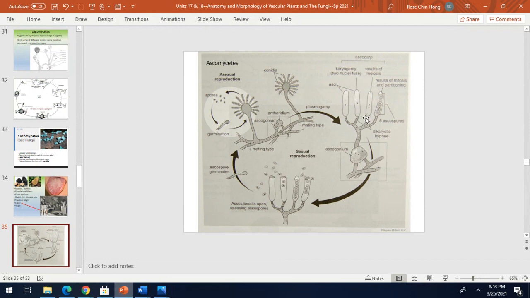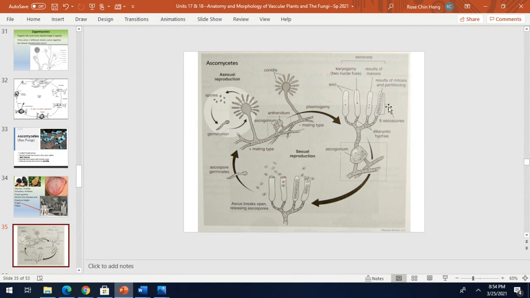And then, of course, this is showing each ascus as they go through the different stages, but not all of them go through it at the same time. So here we see, as a result of mitosis and partitioning, it will result in 8 ascospores.